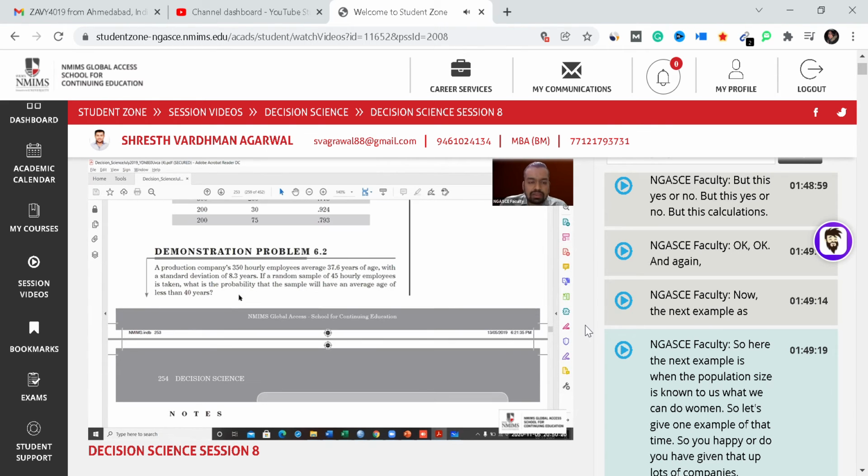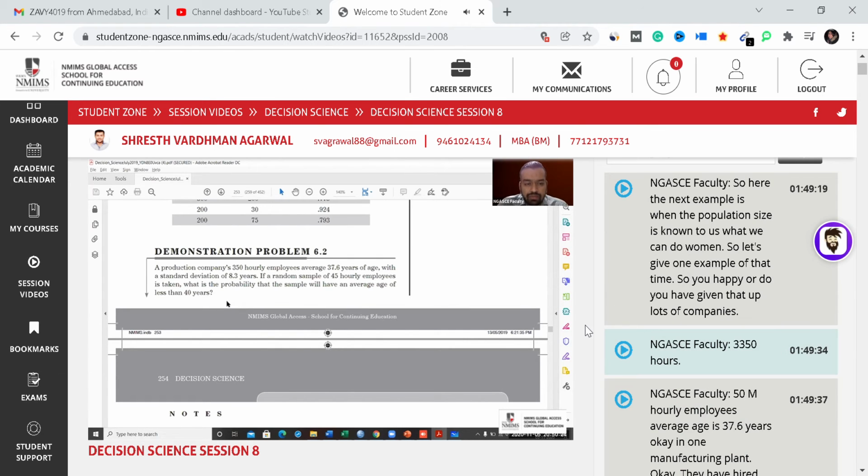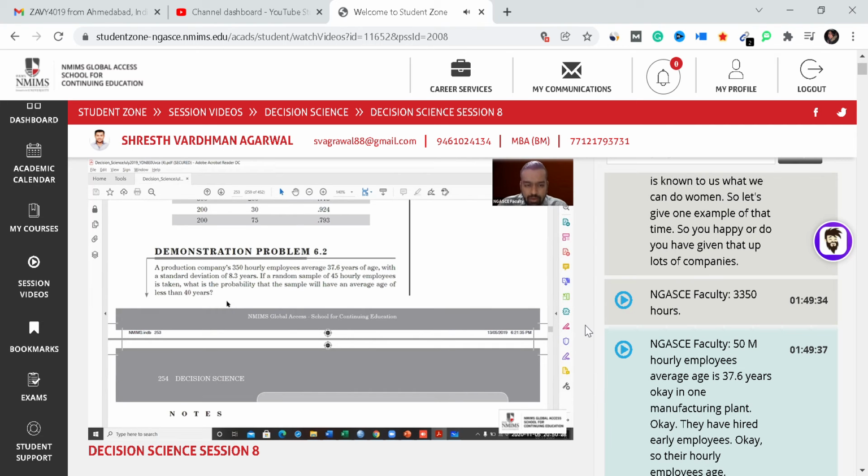Here they have given that a production company has 350 hourly employees, and the average age is 37.6 years. In one manufacturing plant they have hired hourly employees, and their average age is 37.6 years.